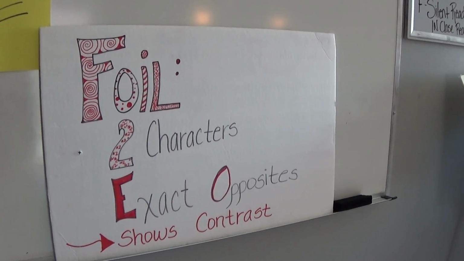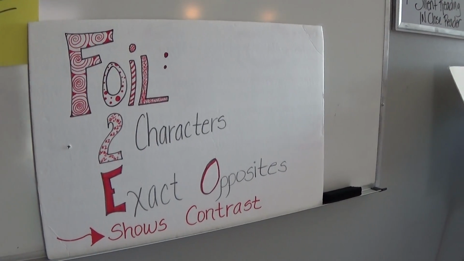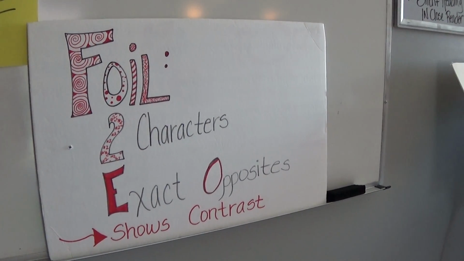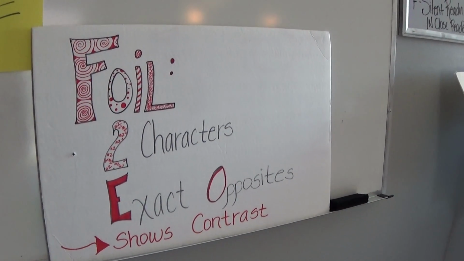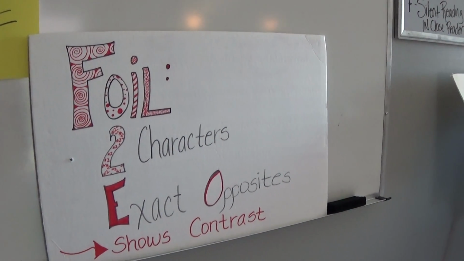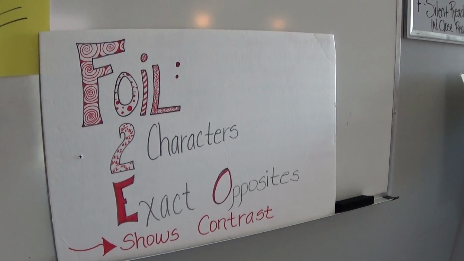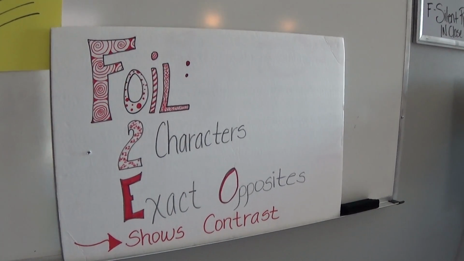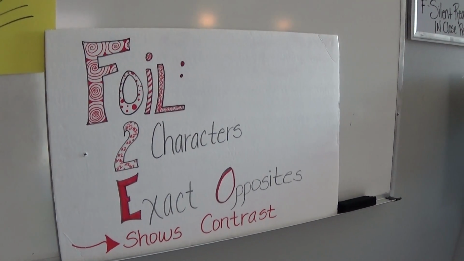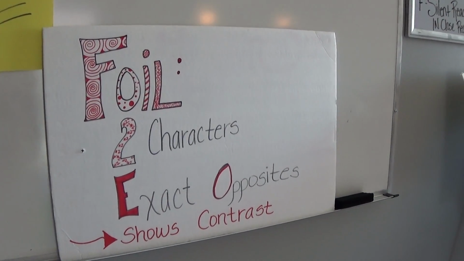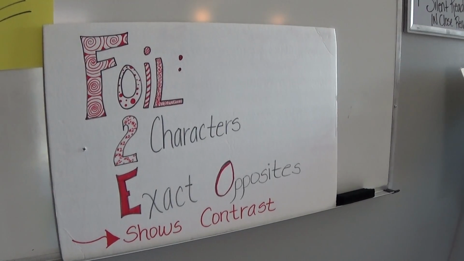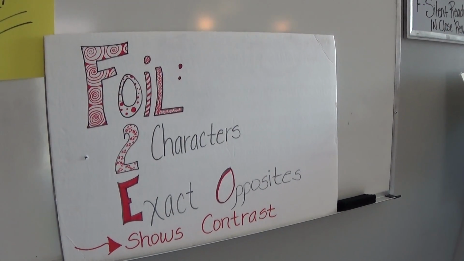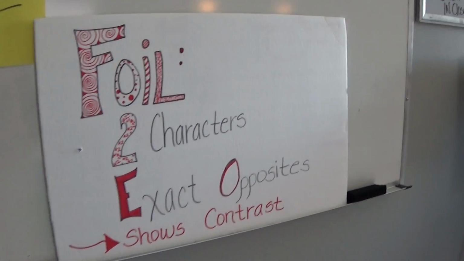Just like Cinderella is beautiful and kind and good, her stepmother is ugly and evil and horrible. And both of those characters serve their purpose because they show contrast between one another. So foil characters are 2 characters that are the exact opposite. And the point of a foil character is to show contrast.